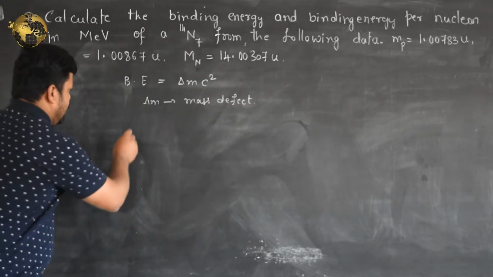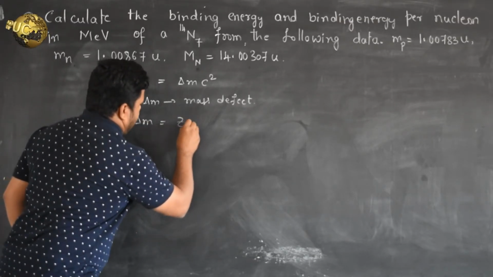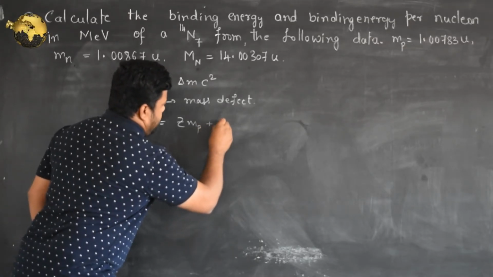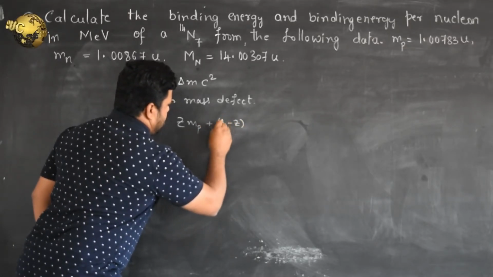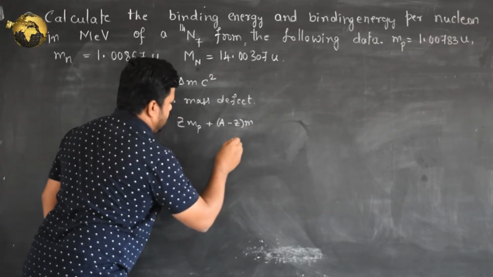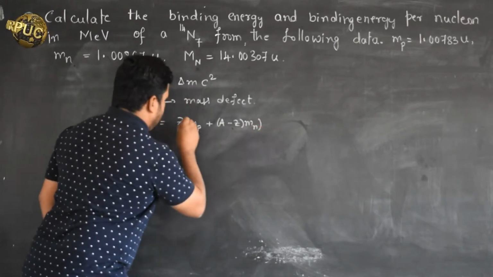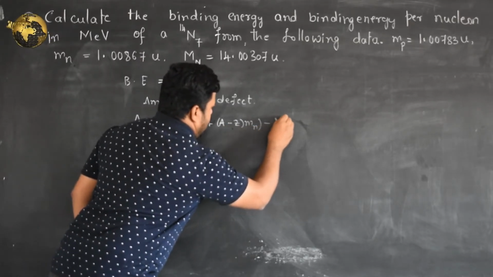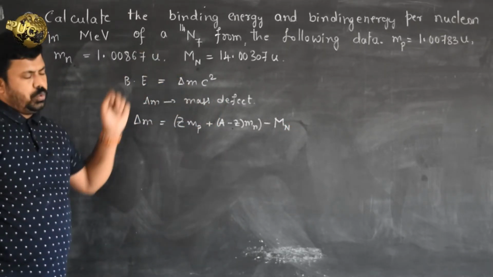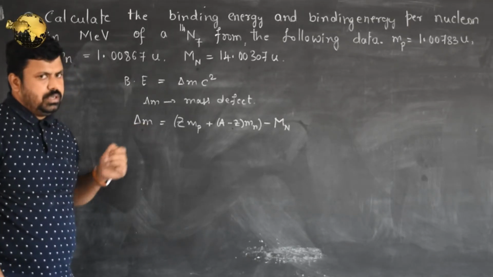So I write delta M is equal to Z times mp, where Z is the number of protons, plus A minus Z, the number of neutrons, times mn, minus the actual mass of the given nucleus. So this is the mass defect.